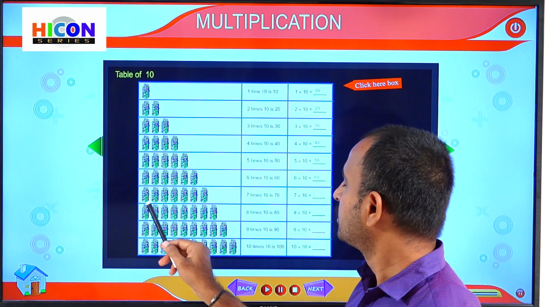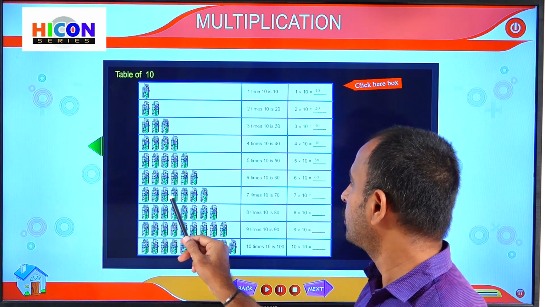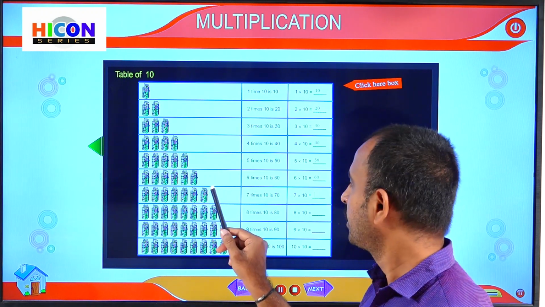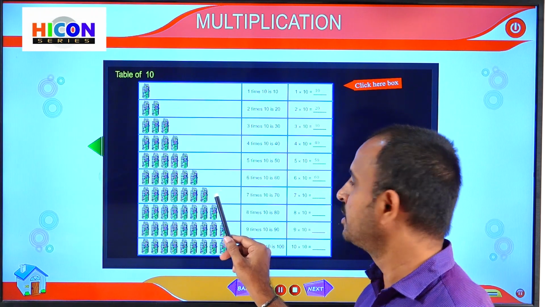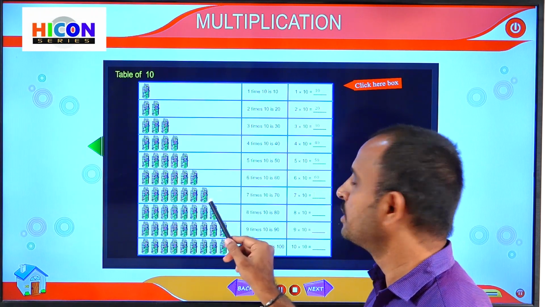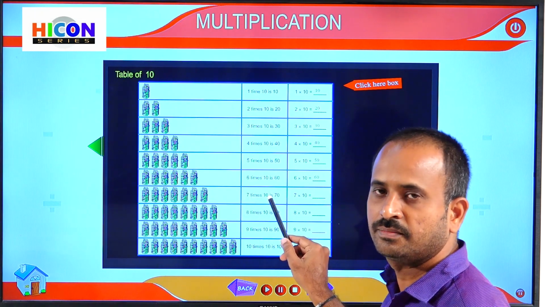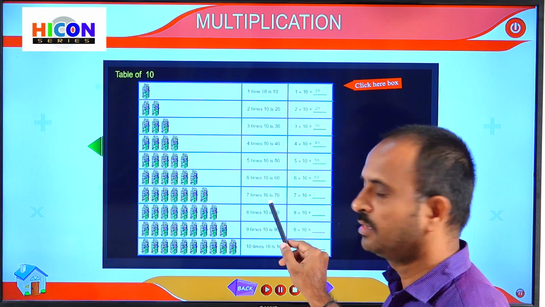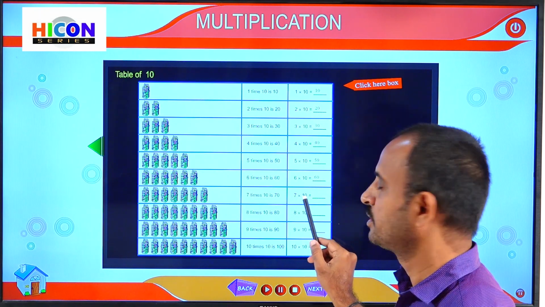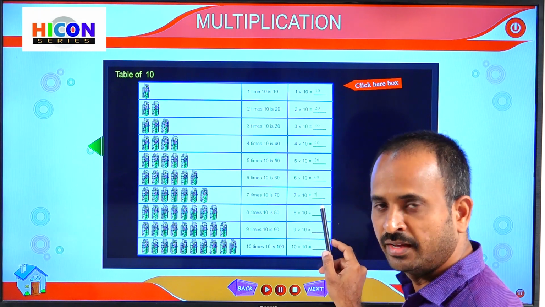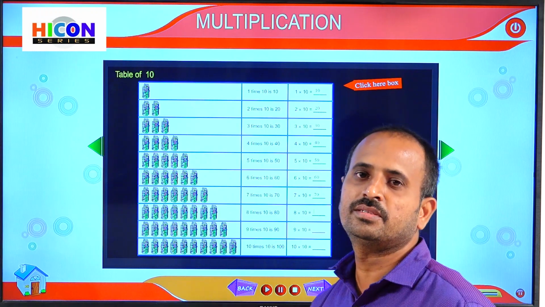So children, see here. Here there are total 7 groups of pencils. Each group has 10 pencils. So total number of pencils can be obtained by writing 7 times 10, that is 7 into 10. 7 tens are 70. So total there are 70 pencils.